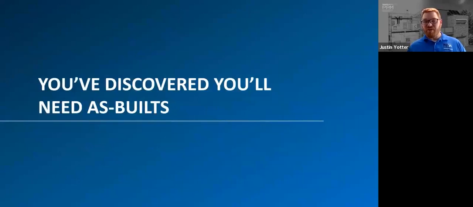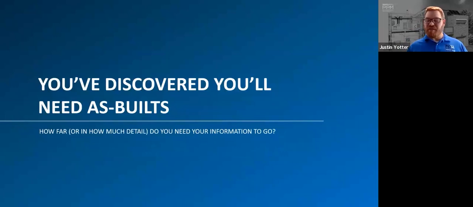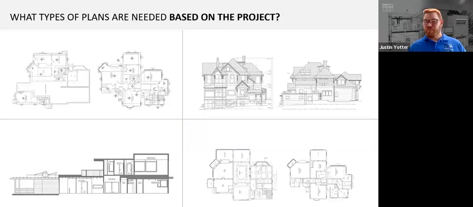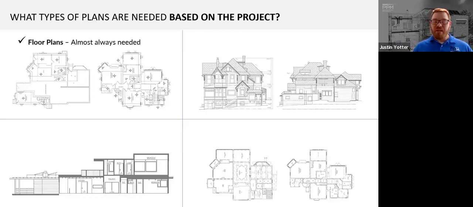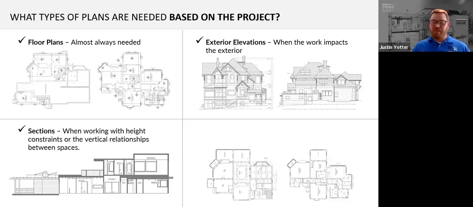So you've discovered you'll need as-builts. How far or in how much detail do you need your information to go? Above are a few examples of plan types and when they're needed in your as-built plan set. You might need floor plans most of the time, almost always. Exterior elevations when the work impacts the exterior of the building.